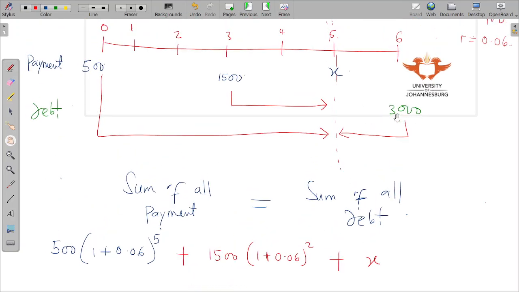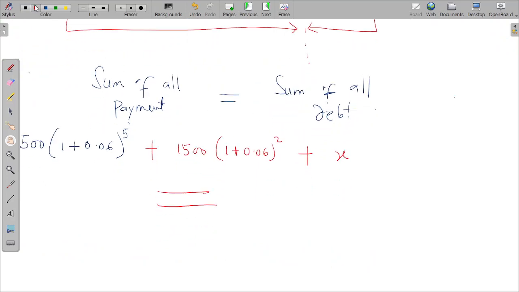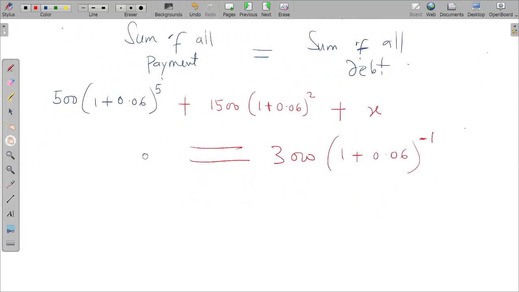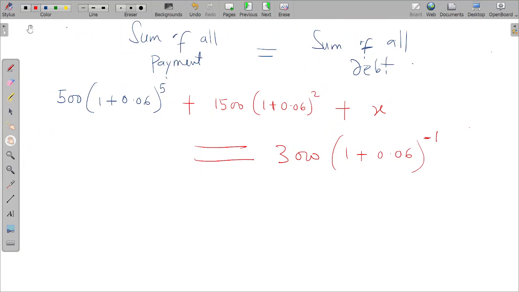This is the only debt we have, and it's going back from year 6 to year 5, which is 1 year going back, so it's negative. So it's going to be 3,000 times 1.06 raised to power negative 1. Now we need to solve this.